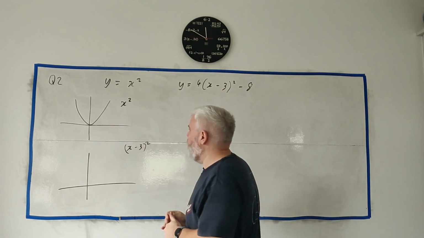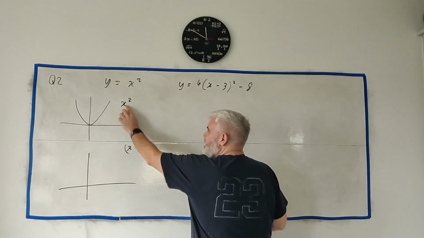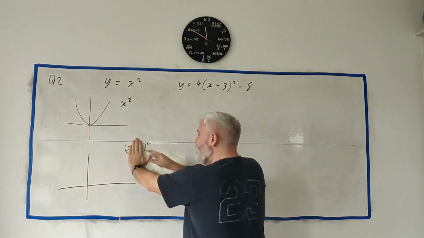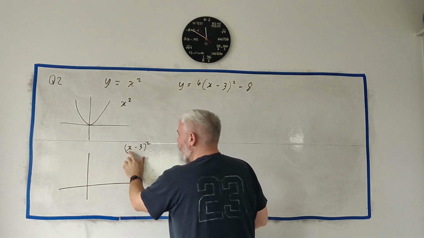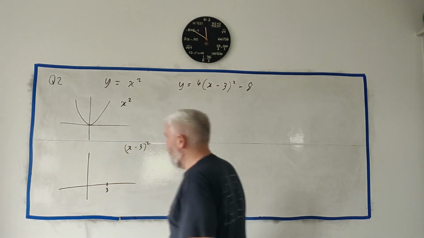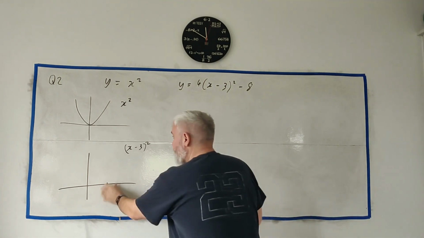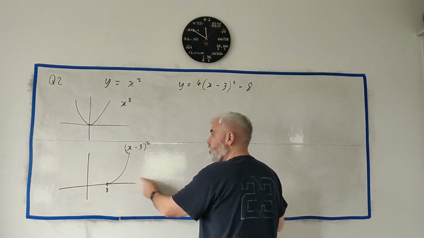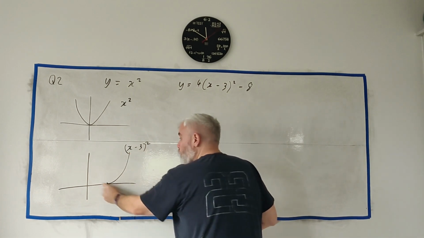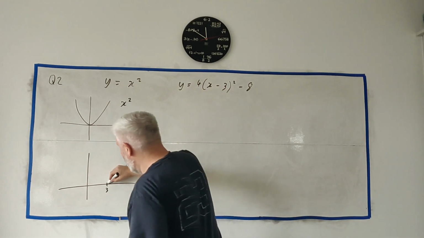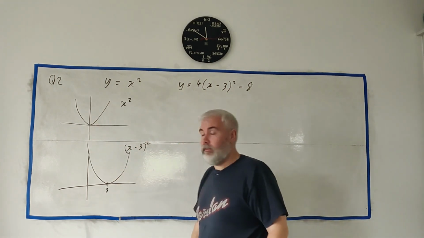This guy will look the same shape, because really this is something squared. When is that something equal to 0? Well, it's equal to 0 when x is 3. So we'll put in a little 3 here. And other than that, it'll look the same. It will go up when it's bigger than 3, because it'll be positive. It'll go up when it's less than 3, because it'll be negative. So we get that sort of shape here.